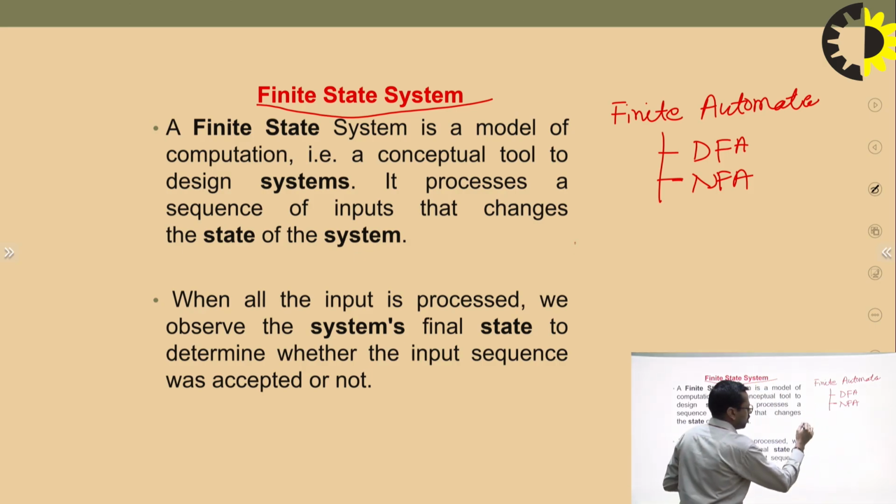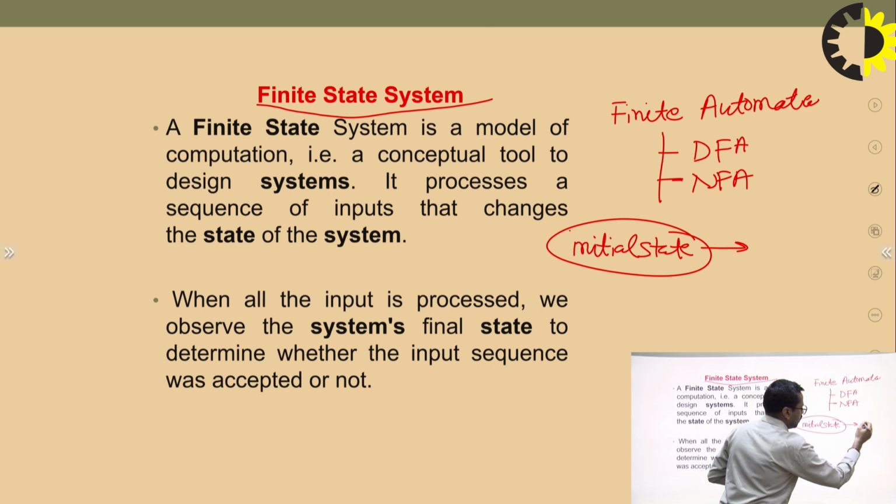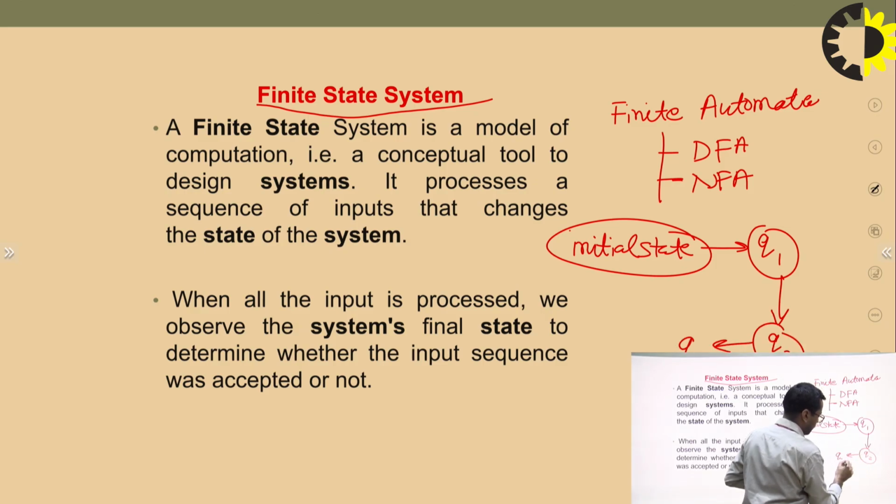Let's suppose this is the initial state, then the secondary states, that are the intermediate states, Q1, then Q2 and then Q3.